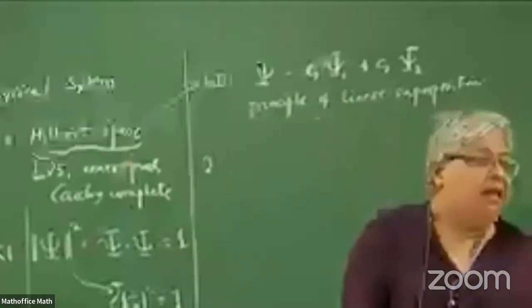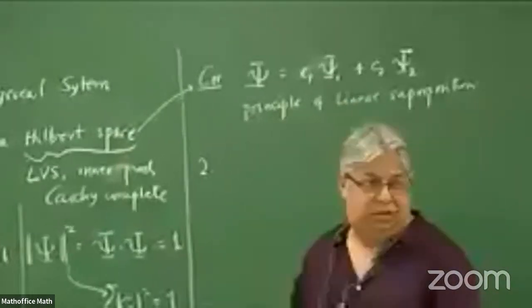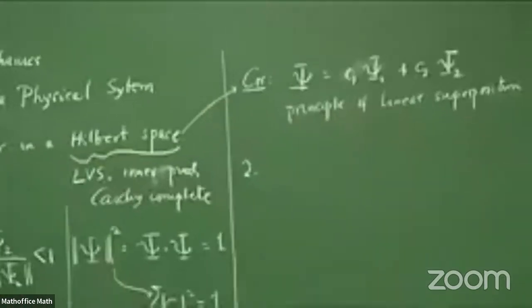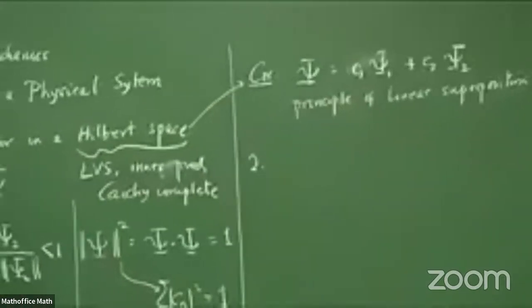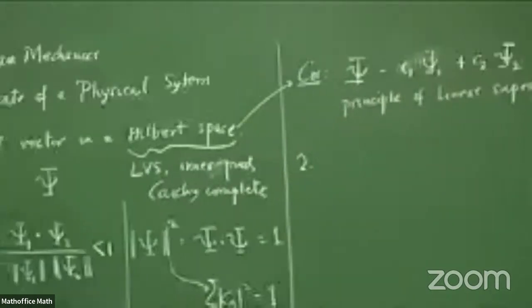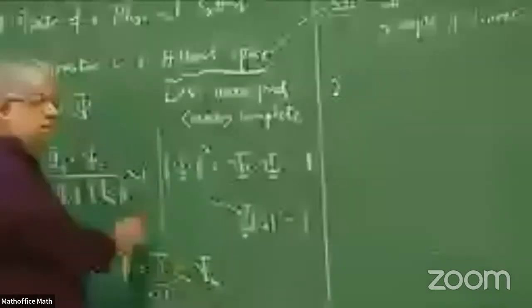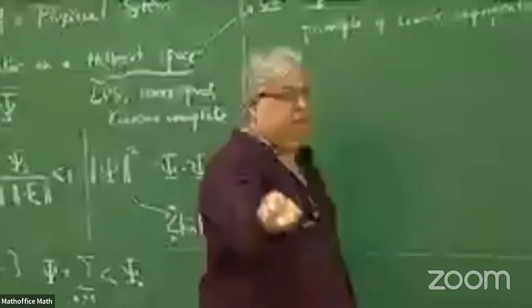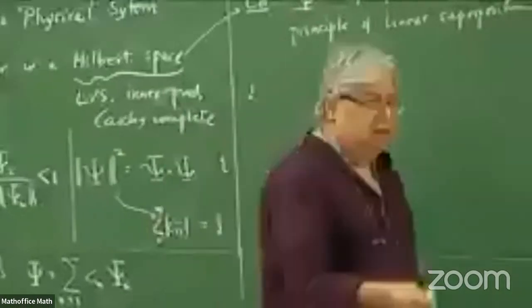How am I getting that? I'm not. I'm just writing it as a generalized notation. It could be separable in that sense, or it could be continuous. I'm just using this as a generalized notation. In fact, shortly I'll be talking about a continuous basis. So this includes both.